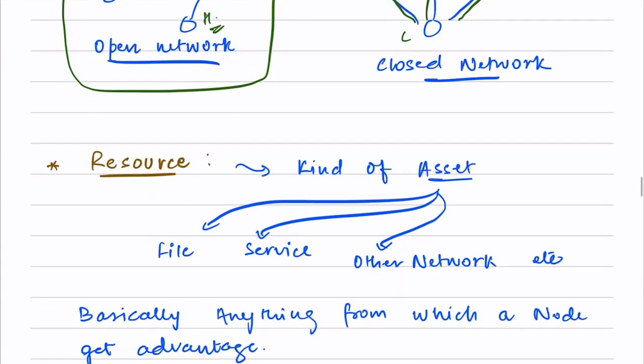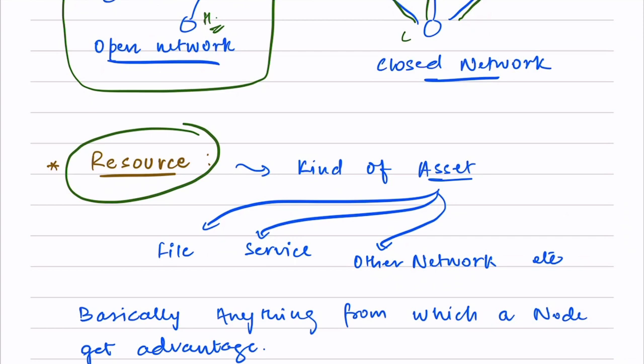The other concept is resource. What a resource is, you can assume it kind of an asset. Let's suppose you have a file and you want to share that file among many, so that will be your resource, some kind of information. Even another service can act as a resource for one service. Let's suppose one service is using another service to access any information or to get some work done.